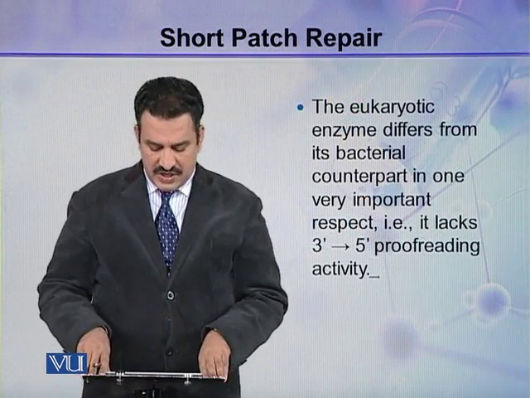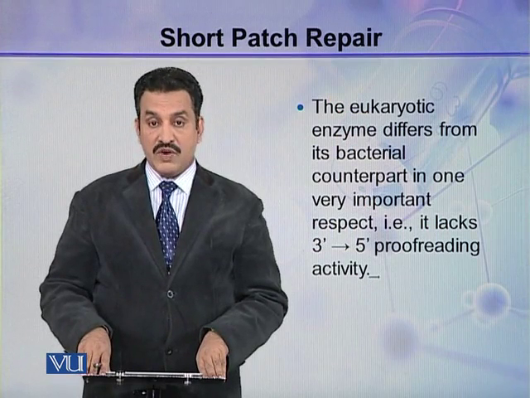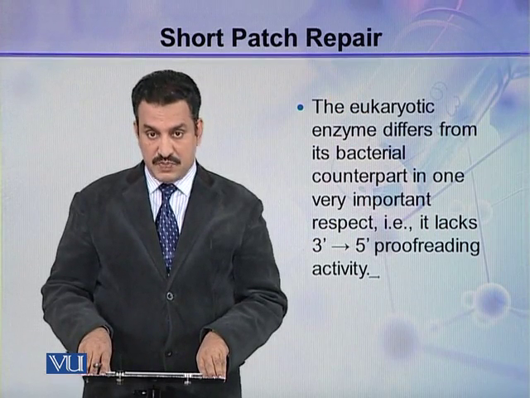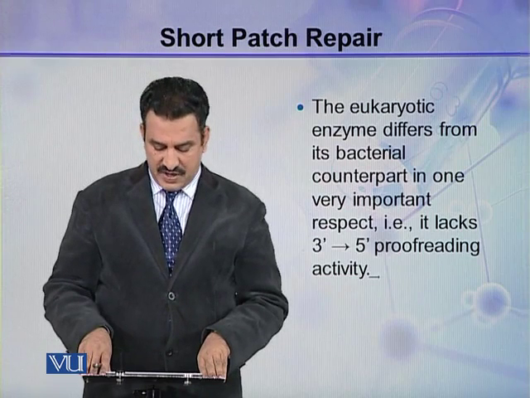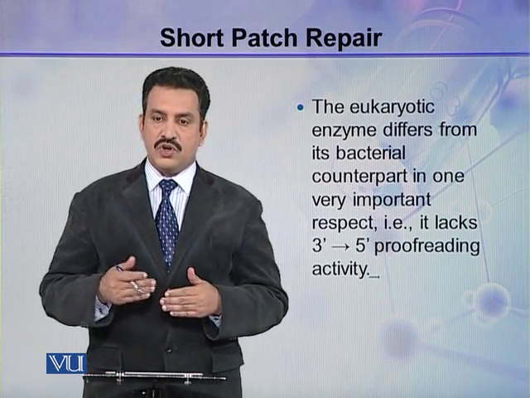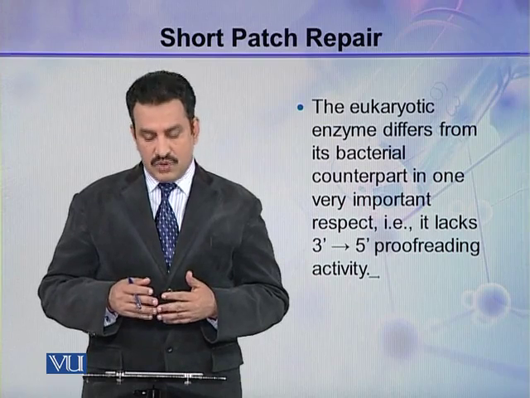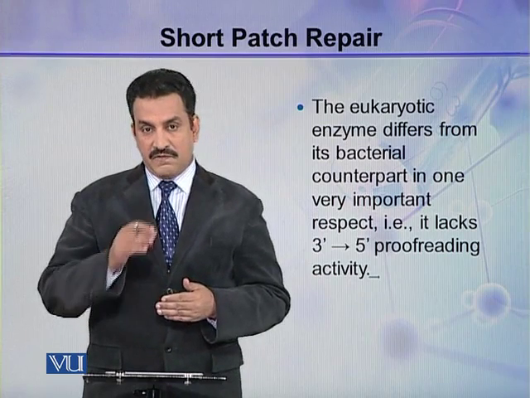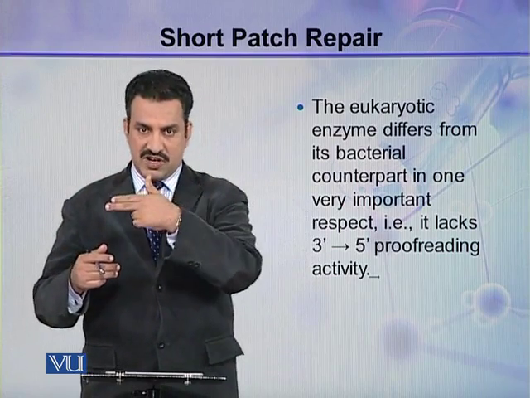The eukaryotic enzyme differs from its bacterial counterpart in one very important respect, that is, it lacks 3' to 5' proofreading activity. You know, after the completion of all these reactions, there must be proofreading. So the eukaryotic enzymes lack 3' to 5' activity, that is from this direction to this direction.